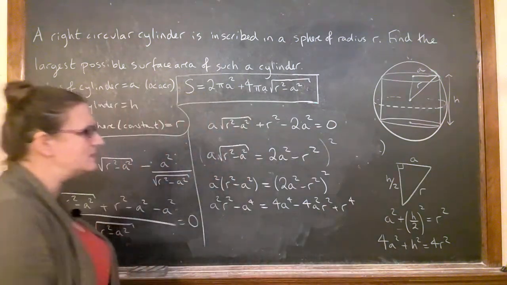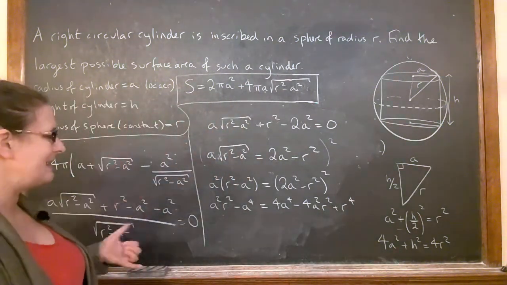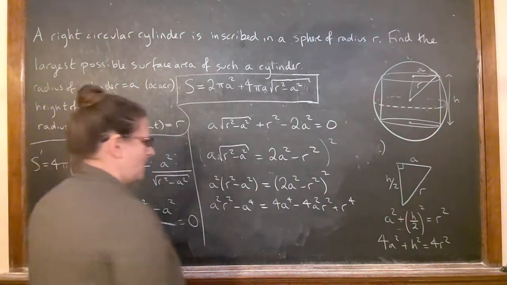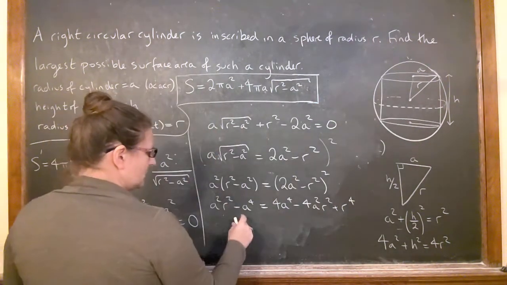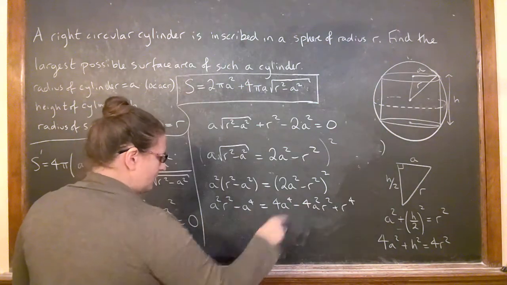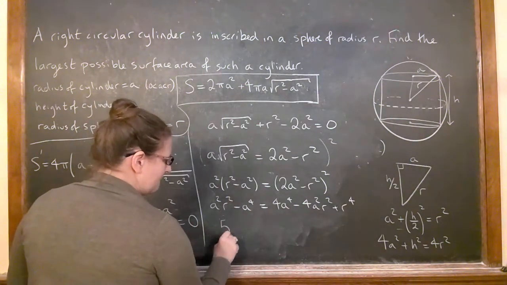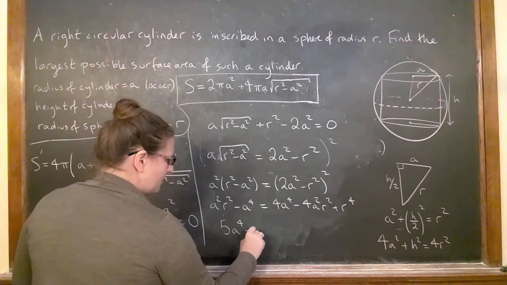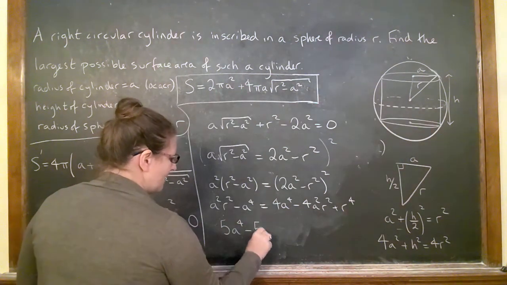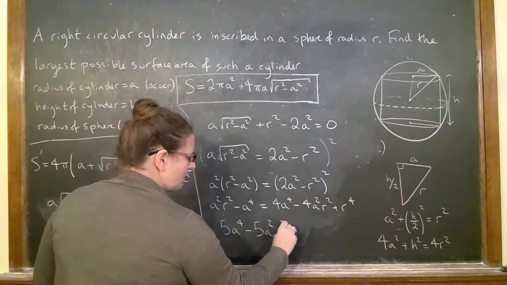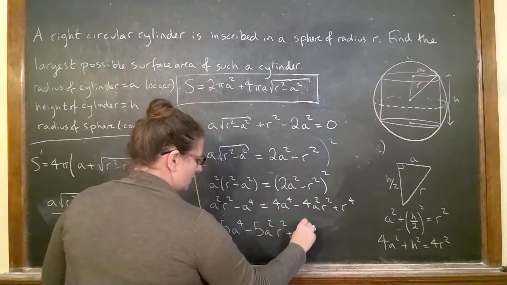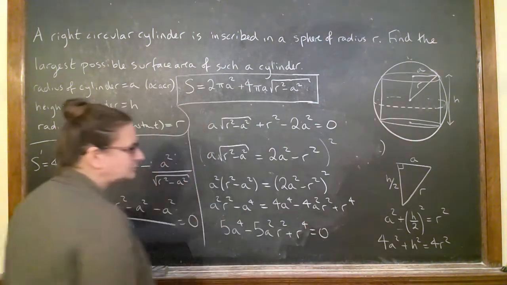Okay, now remembering that r is a constant and a is our variable, we can put this all together on one side, and we get 5a to the fourth minus 5a squared r squared plus r to the fourth equals 0.